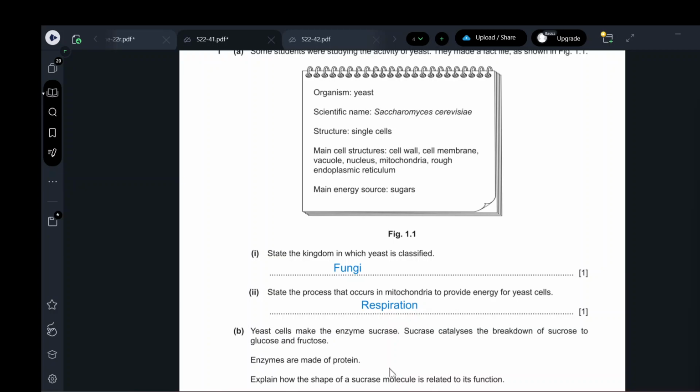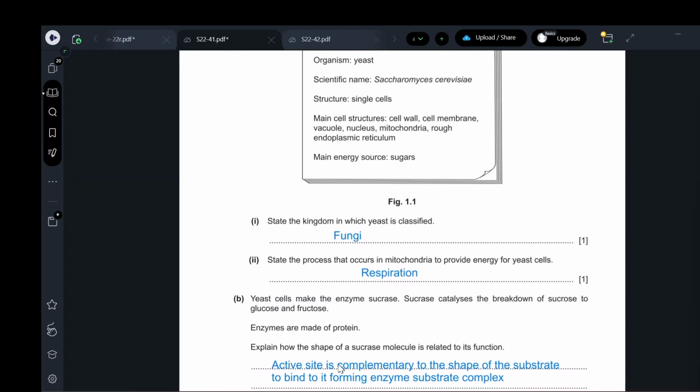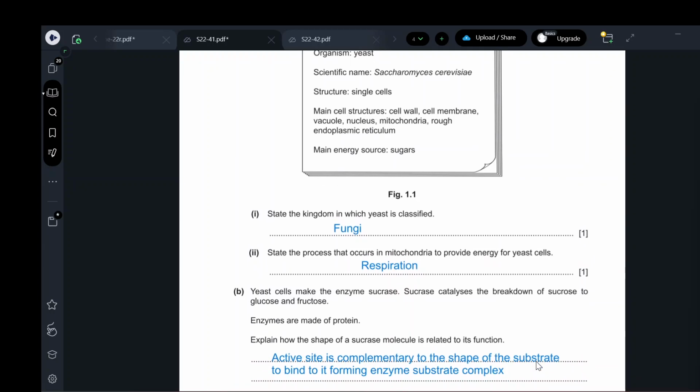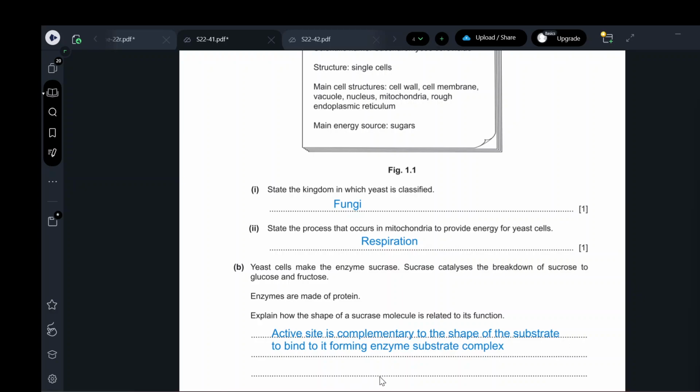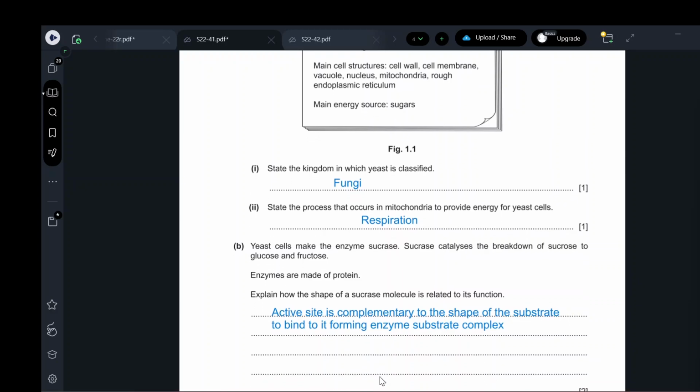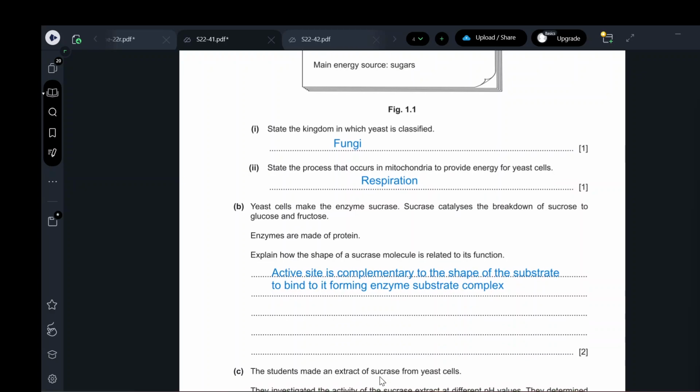The shape of the enzyme is very important because it has a specific shape of active site that has to be complementary to the shape of the substrate so they can bind together, forming the enzyme substrate complex. This is the function of the sucrase, and this is how the structure is related to the function.